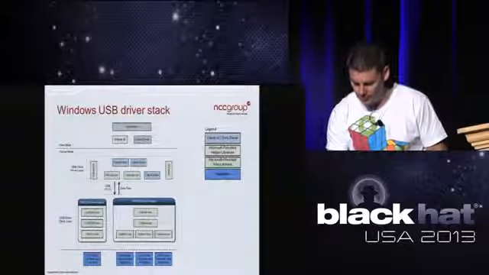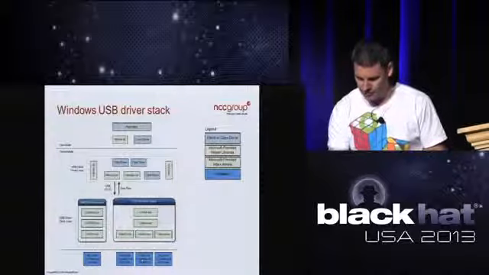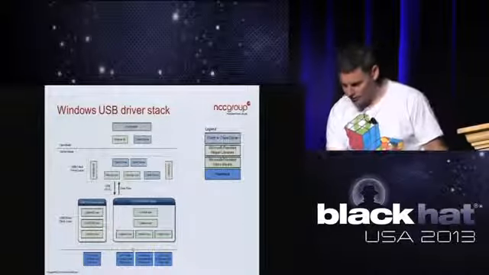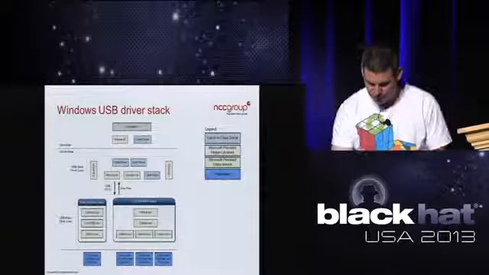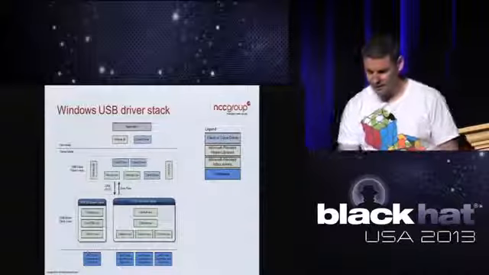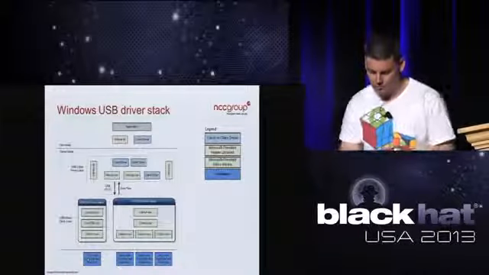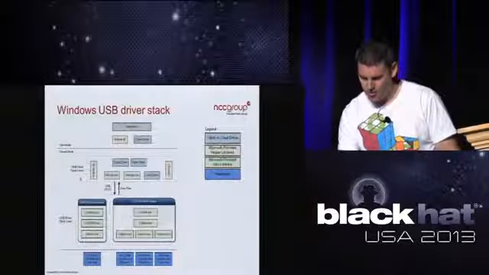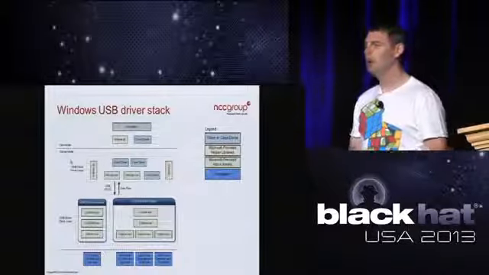OHCI, Open Host Controller Interface, is one of the older ones. Then there's an enhanced one, a universal one, getting faster and faster, up to USB 3, which is SuperSpeed USB, the extensible host controller interface. You'll notice a split between user mode and kernel mode.